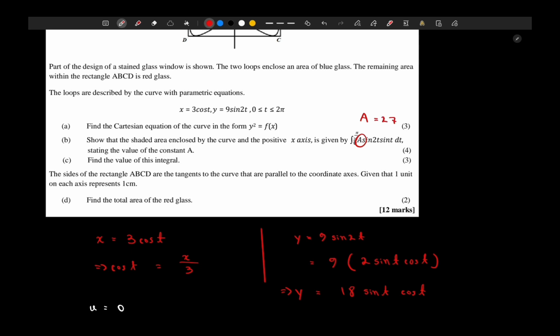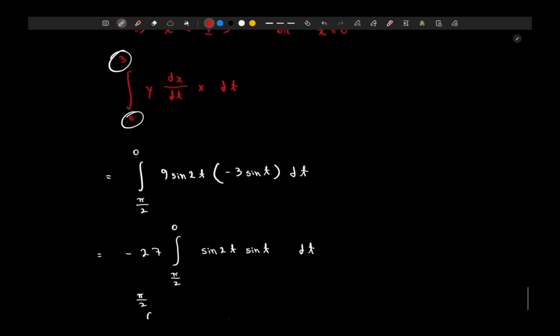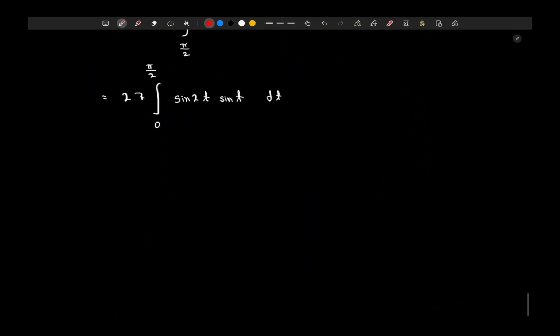Now in the next part, we need to find the value of this integral. Now we just need to integrate this. This is part C. So 27 integrate 0 to pi over 2.